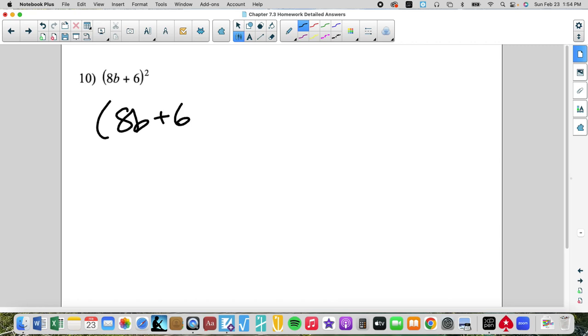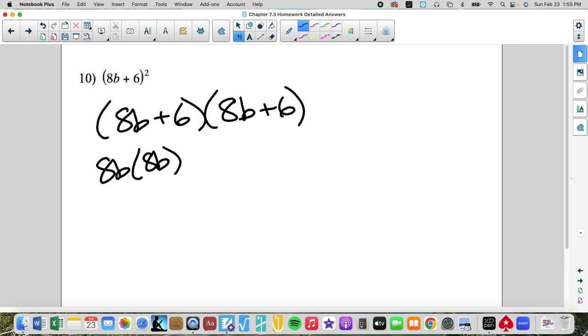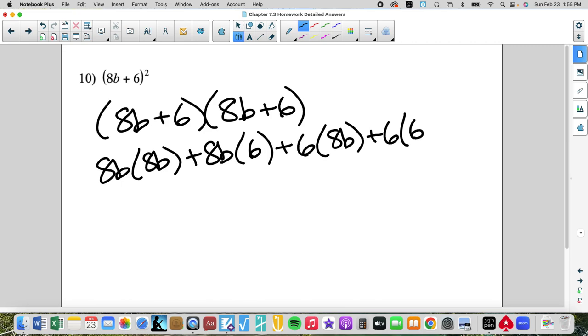8b plus 6 times 8b plus 6. That took 1 second. Okay, maybe 2. 8b times 8b plus 8b times 6 plus 6 times 8b plus 6 times 6. That probably took 10 seconds. 8b times 8b is 64b squared. 8b times 6 is 48b.